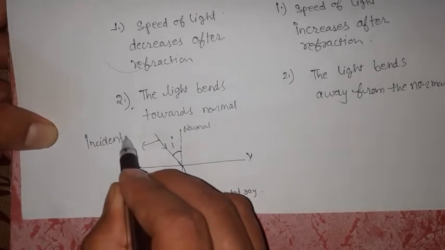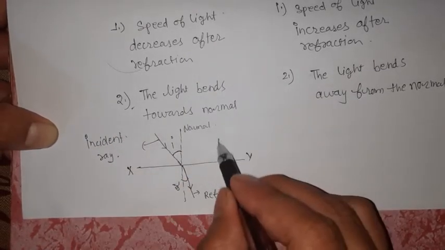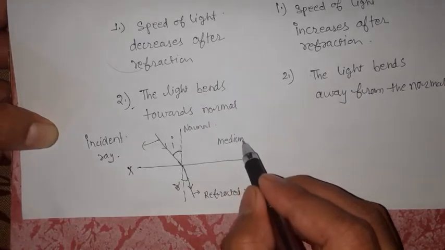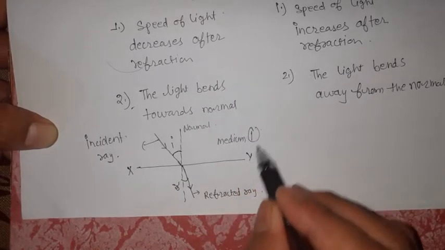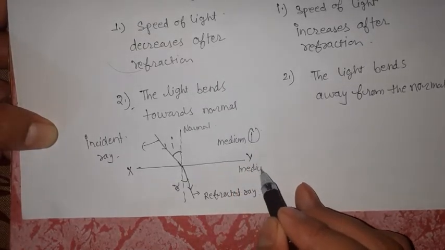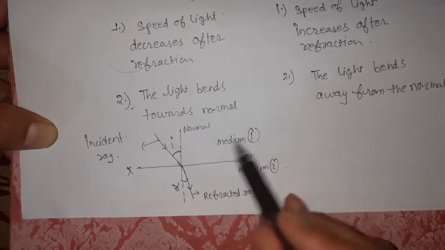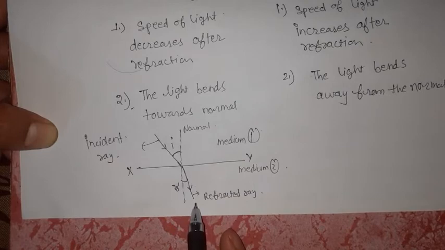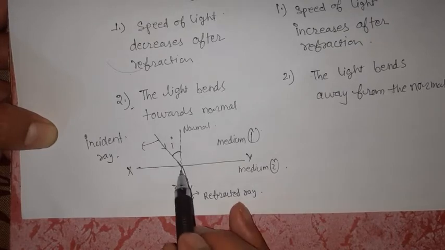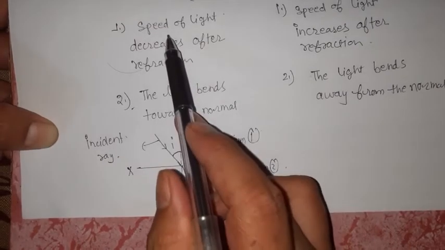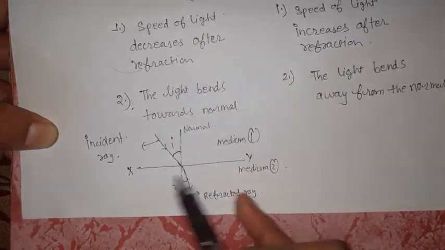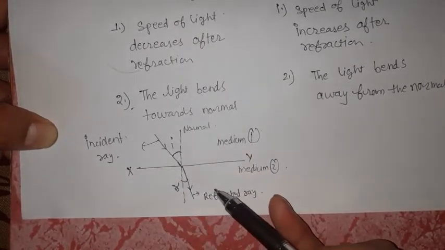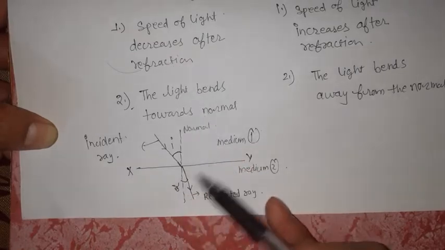Now just to check what has happened: this was medium number 1 and this was medium number 2. Light was coming from medium number 1 and traveling to medium number 2. It was already said that in certain media the light speed will decrease.